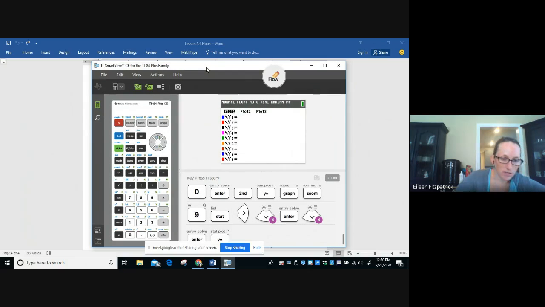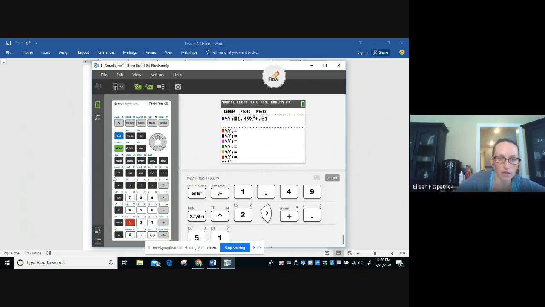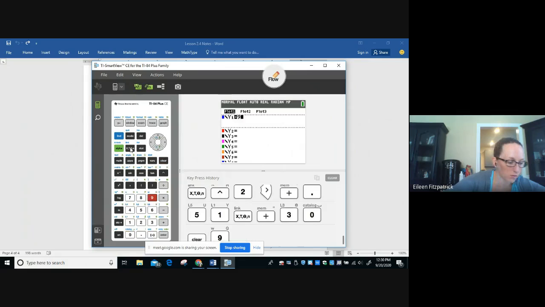So we said that that was 1.49, and then I got to get my variable in there, and then I have to square it. So caret, and then the 2. Come out of that, so use your arrows so that you're no longer in the exponent. And then I said plus 0.51, another variable, and then plus 39.98. All right, and then you can graph.